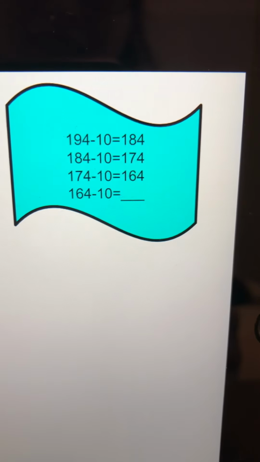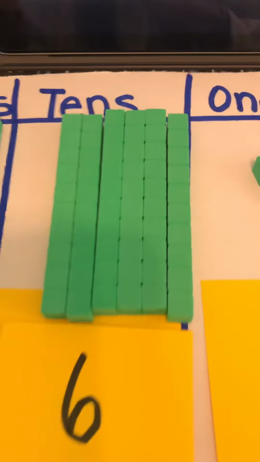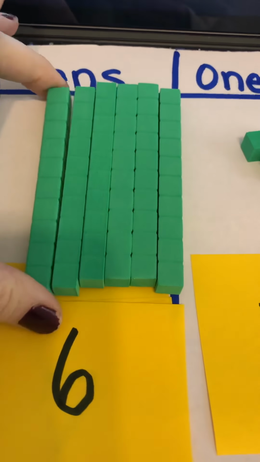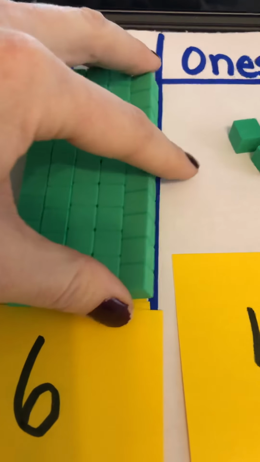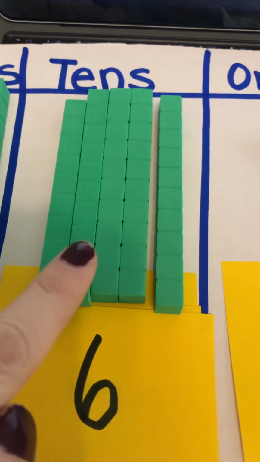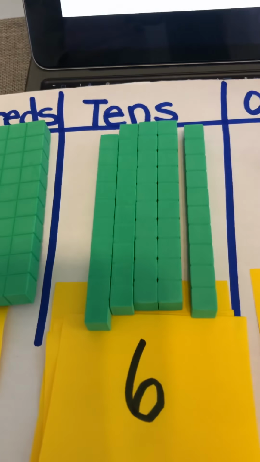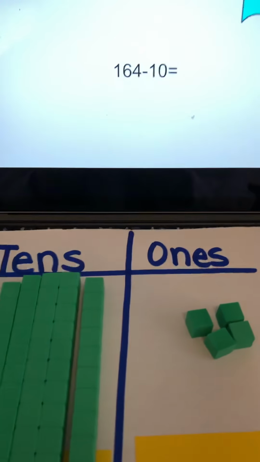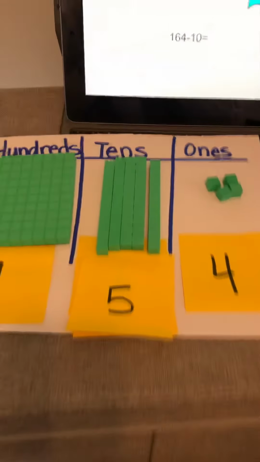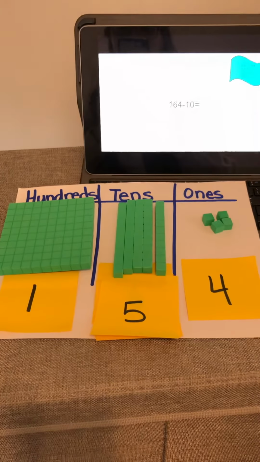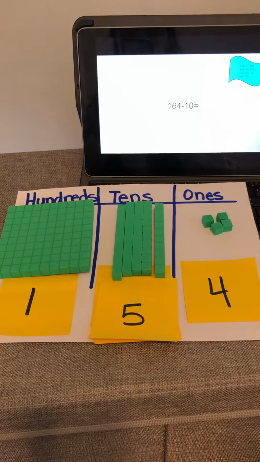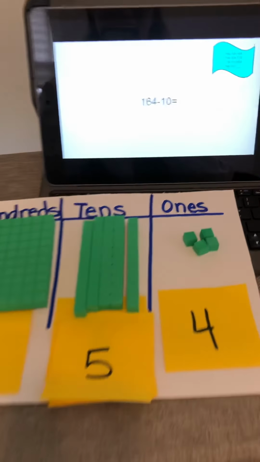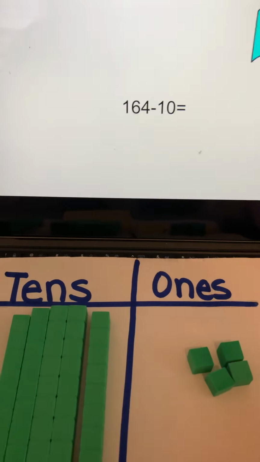No, my hundreds is staying the same. So if we take a 10 block away, how many should we be left with? 1, 2, 3, 4, 5. So we have 5 tens left. So 164 minus 10 equals 154. Awesome job.